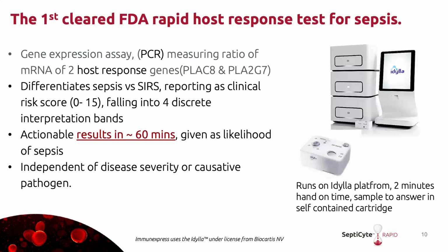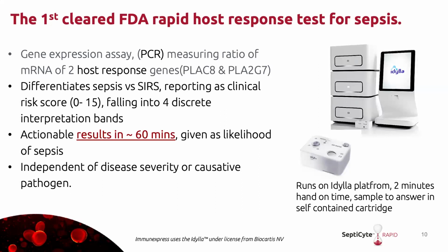Septicyte Rapid has been cleared by the FDA as a host response test specifically for sepsis. It's a gene expression assay using PCR, and it measures the ratio of mRNA of two host response genes, PLAC8 and PLA2G7, one of which is upregulated, the other is downregulated in the presence of systemic infection and systemic inflammation.